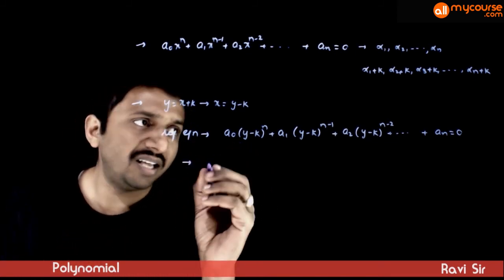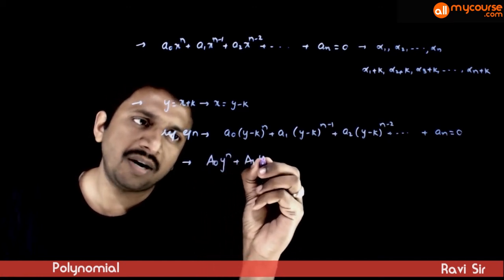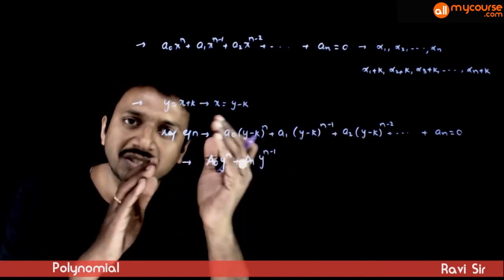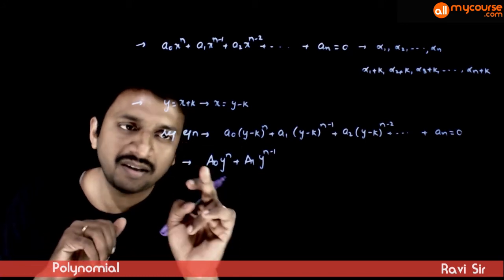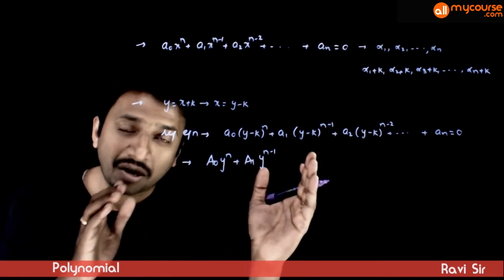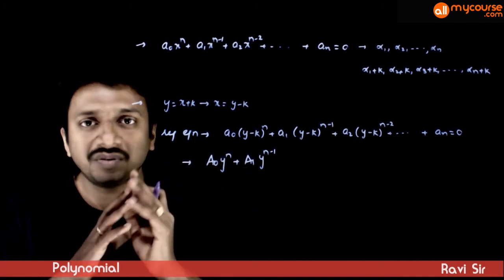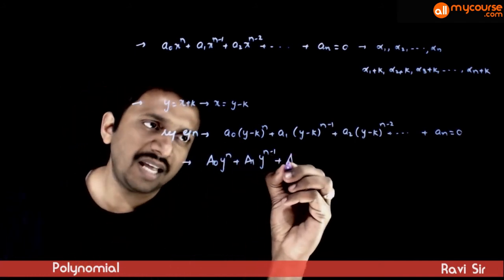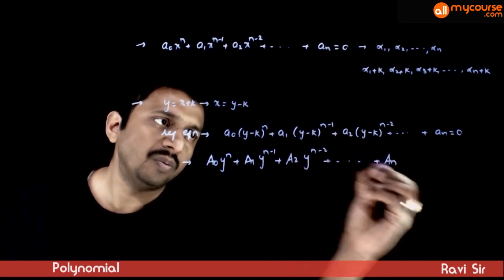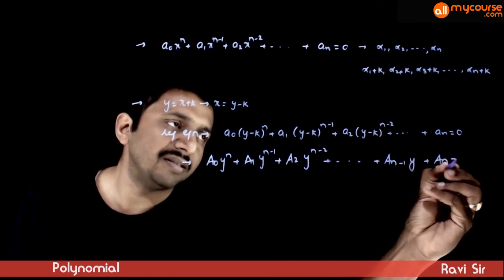So let us say that this is equal to some capital A0 times y power n plus capital A1 times y power n minus 1. Let us say that we have collected all the coefficients corresponding to y power n and the coefficient is A0. I have collected all the coefficients corresponding to y power n minus 1 and the coefficient is capital A1, plus A2 times y power n minus 2 plus so on up to A n minus 1 into y plus An is equal to 0.